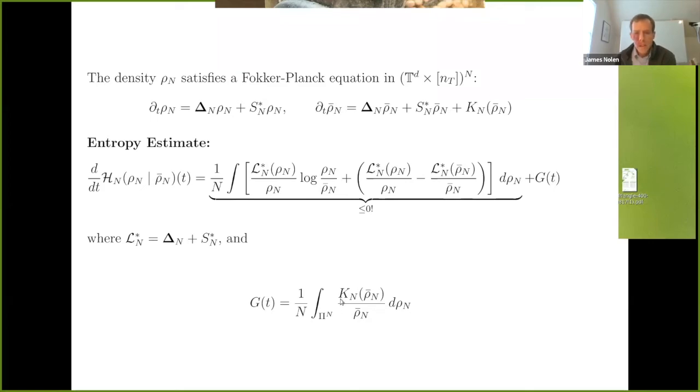So effectively, this is a growth rate of the solution to the mean field equation, or the expected value of that, sampling according to the measure rho n.